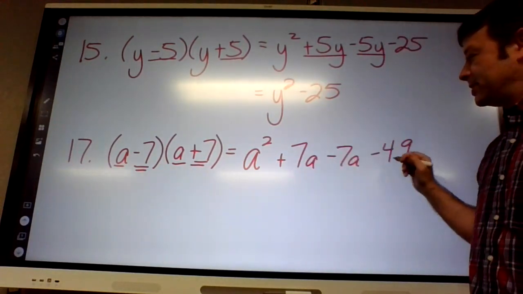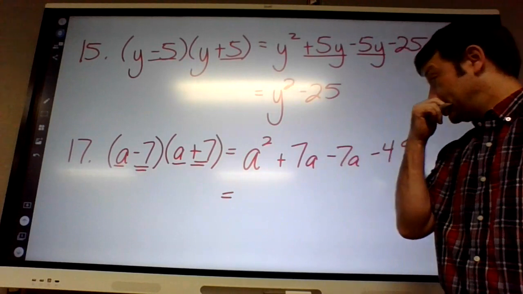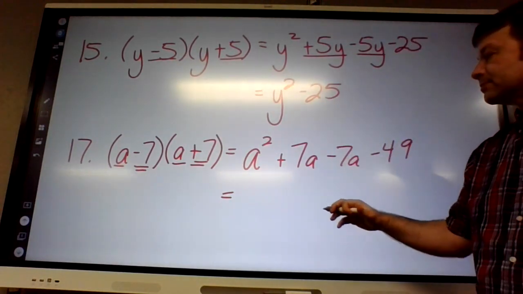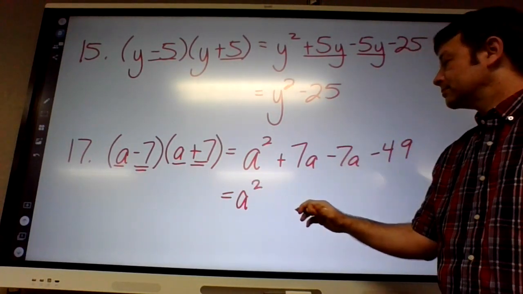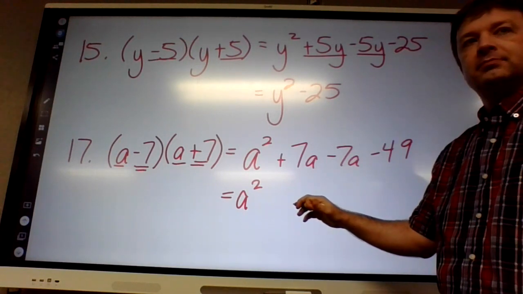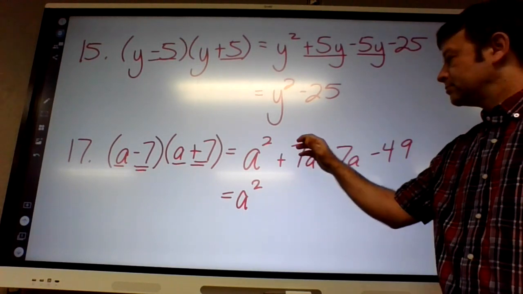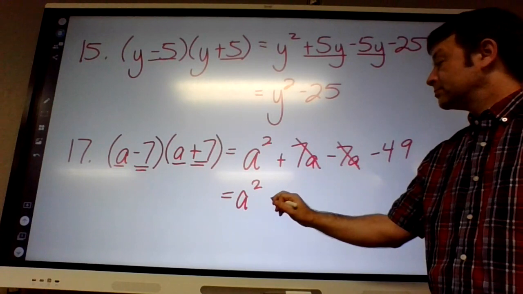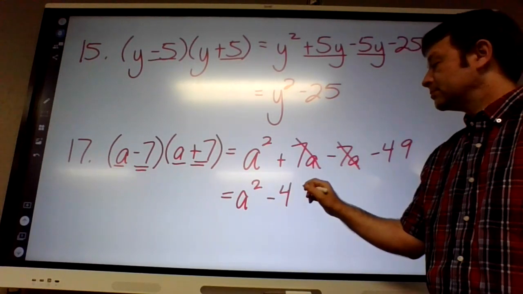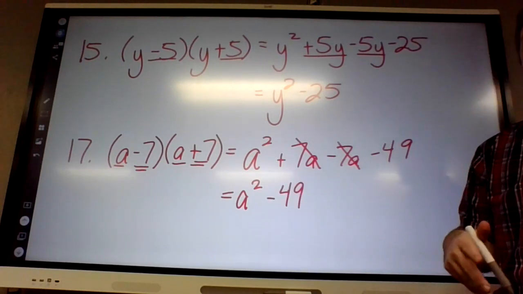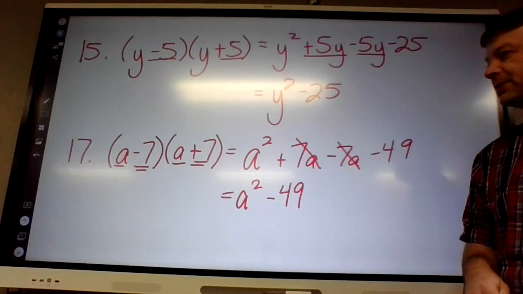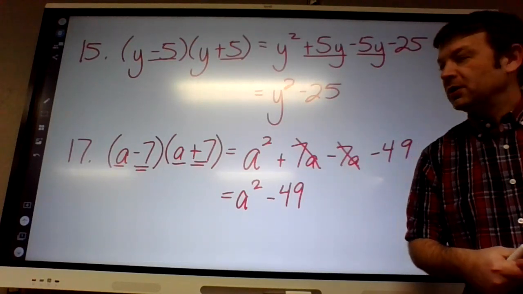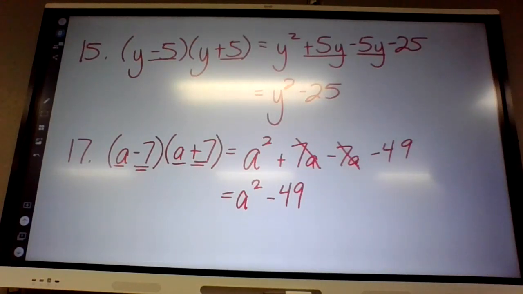And then what's going to happen? You're going to have a squared. It's a 0, so you don't have to write down plus 0. That's not really doing anything, so you can just skip it.